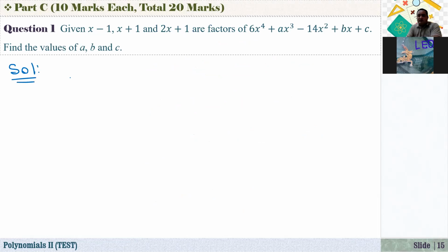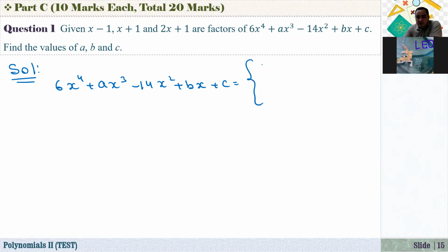So this polynomial, 6x to the power of 4 plus ax cubed minus 14x squared plus bx plus c, right?